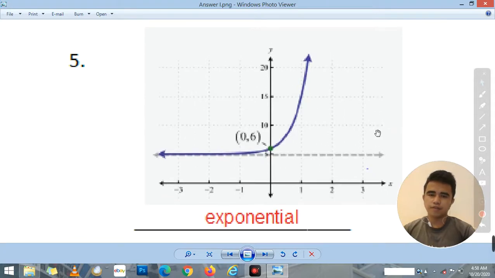Okay, number 5. Number 5 could be either exponential or logarithmic. Exponential function is the inverse of logarithmic function, and our clue here is that this curve has an asymptote of a horizontal line. The asymptote is the line being approached by our curve, but it doesn't meet.